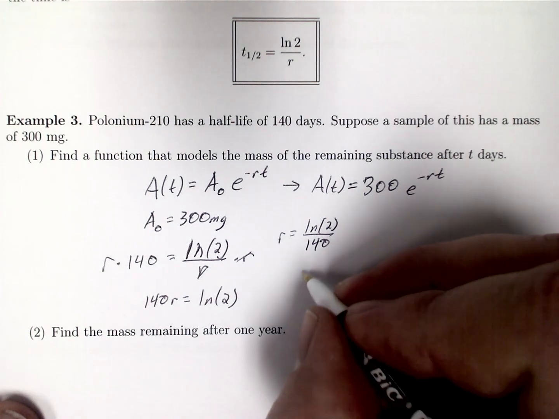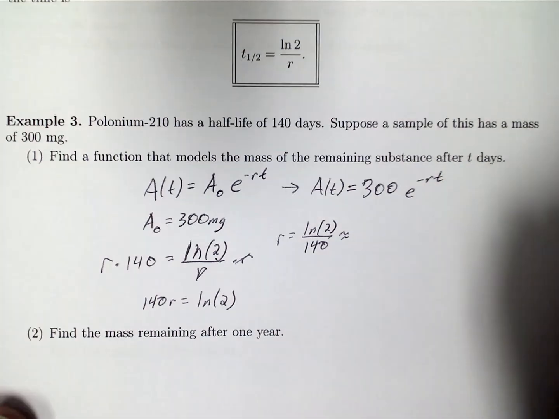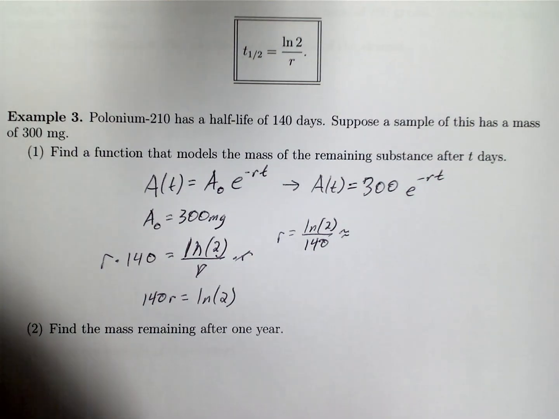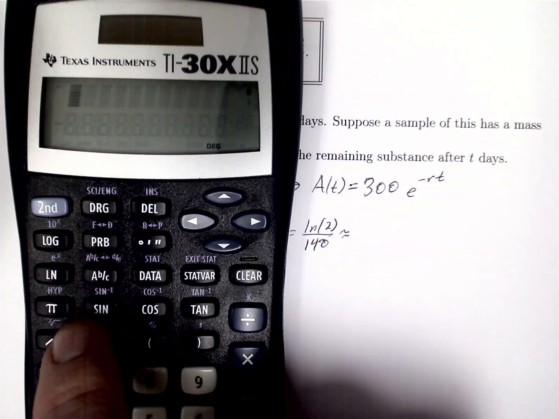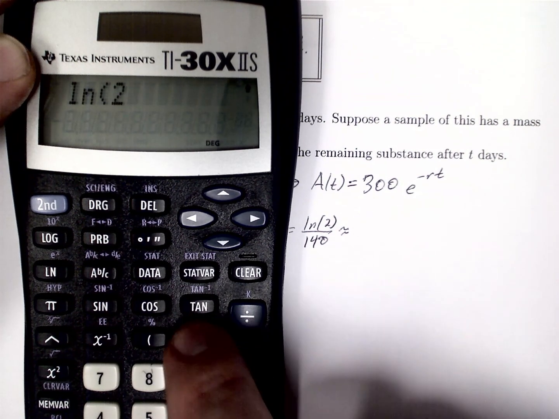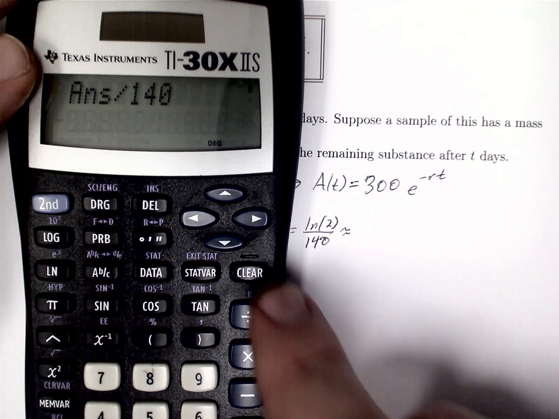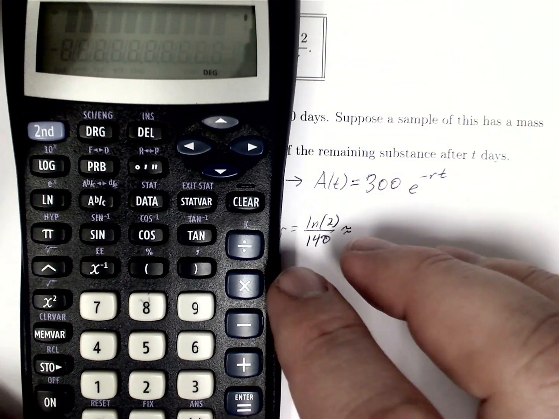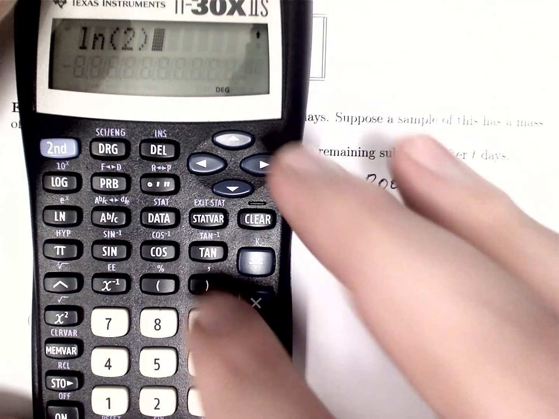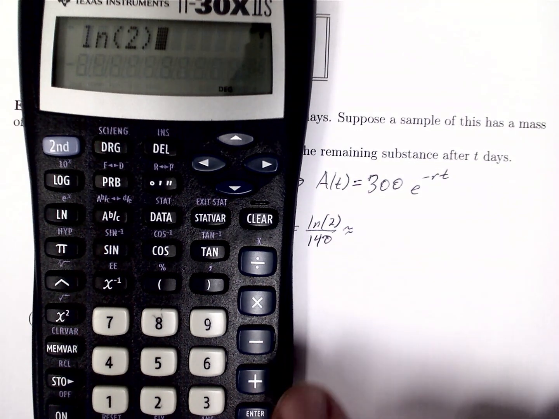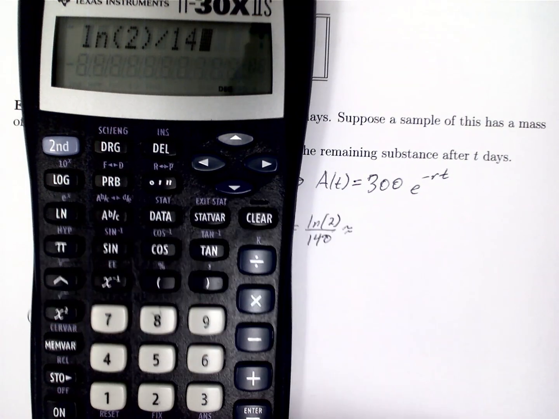All right, so we need to compute what this is. We could just throw this into R, but it will make computations a little bit of a nightmare. So let's go back to our handy-dandy calculator. ln of 2 divided by 140. Let me show you the full computation. You can see ln of 2, and because we closed the parentheses, we can do this all in one fell swoop, divided by 140.